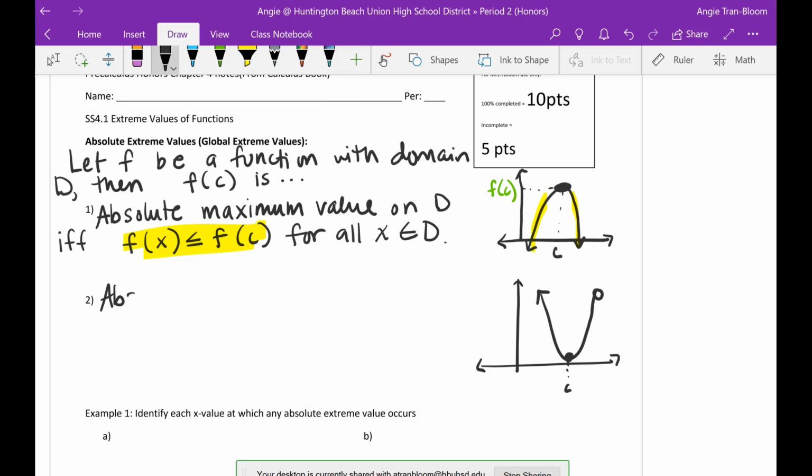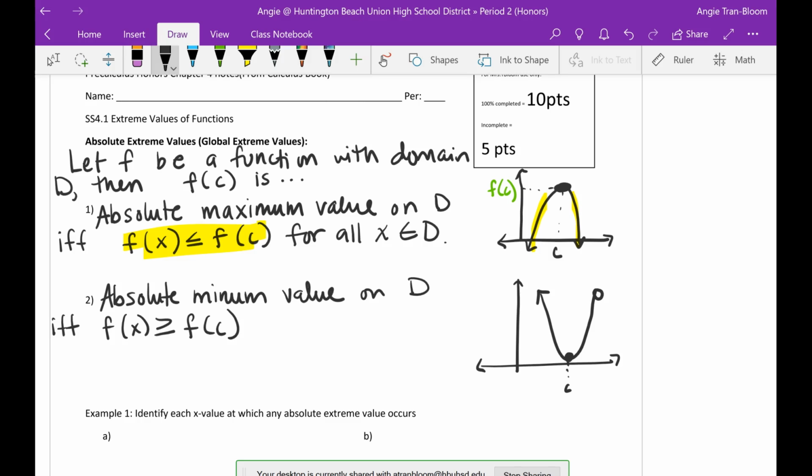Then we will also review absolute minimum. Absolute minimum value, that means talking about the y value, on the same domain which we have called D, if and only if f of x is now greater than or equal to f of c for all x values within the domain D. So similarly, look at all the x values that are not c.